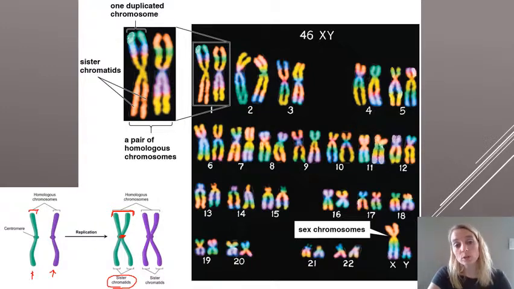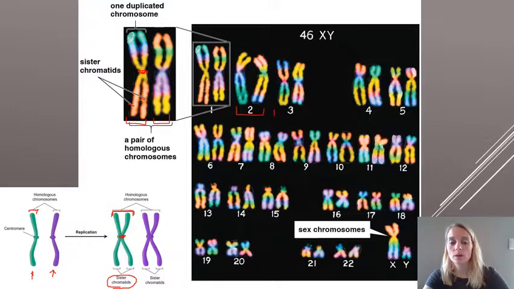You've got 1 chromosome number 1 from your mom, 1 chromosome number 1 from your dad. That's what this picture is representing. Here's the centromere in the middle. Here are your sister chromatids here and here. This is one replicated chromosome and its homologous partner in the replicated form. All right, so that's chromosome pair number 1. And then we have chromosome pair number 2, number 3, number 4, and so forth.